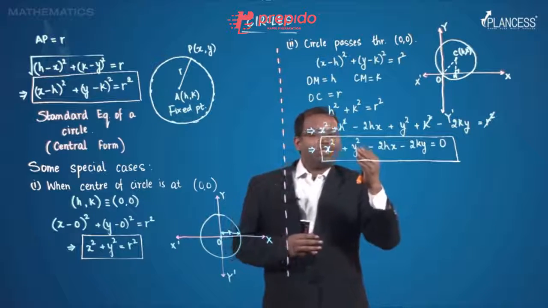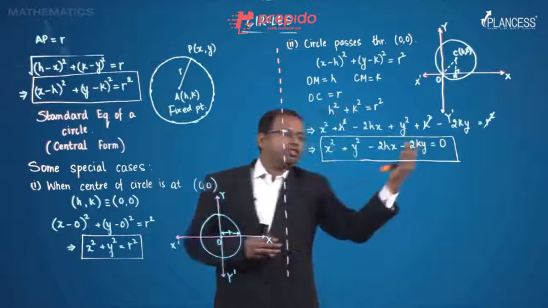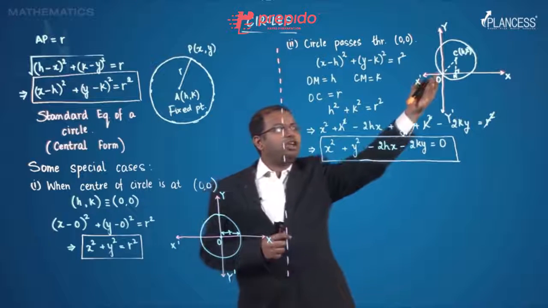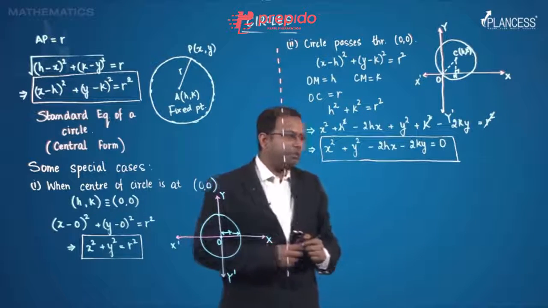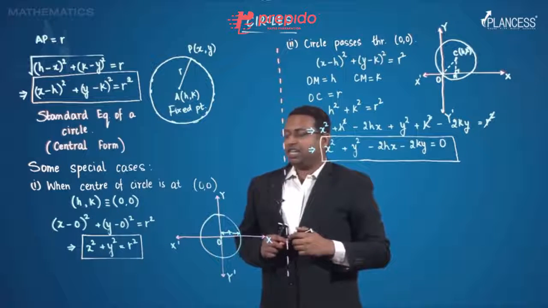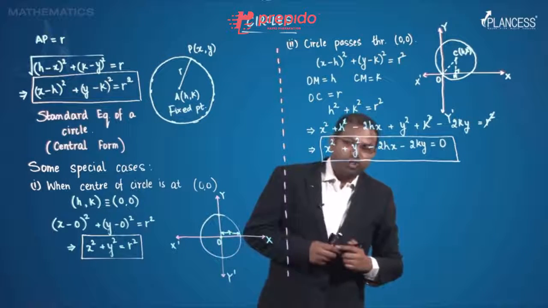And since origin is lying on this circle, this equation should satisfy the points of the origin, which is nothing but 0, 0. Now after having studied two special cases, let me move on to the third case.